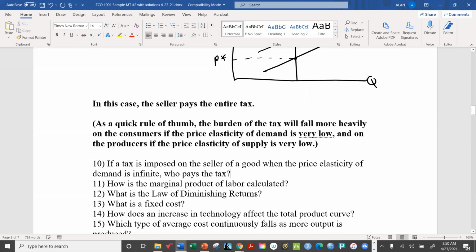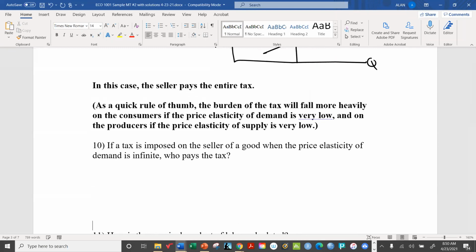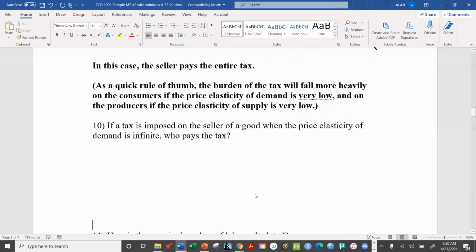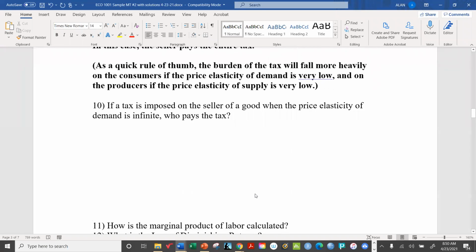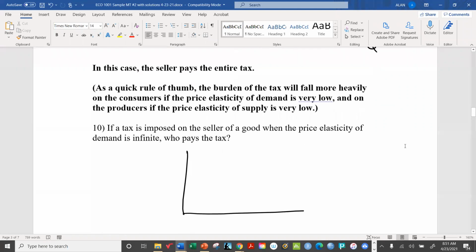Now, on the other hand, we'll put this to a test right now. If we impose a tax on the seller when the price elasticity of demand is infinite, all right, let's take a look. Oh, by the way, I just realized I want to make one little change here. Instead of very low, I want to change this to relatively low because it still matters.